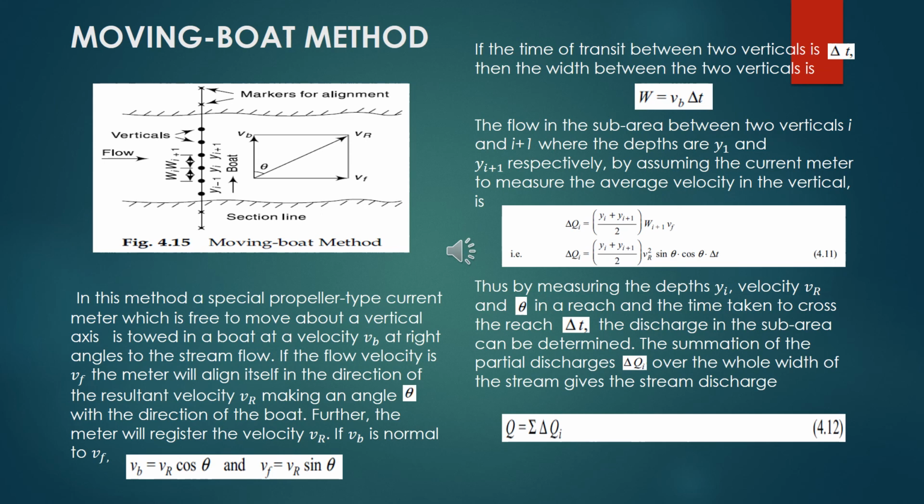Thus, by measuring the depths y sub i, velocity v sub r, and theta in a reach and the time taken across the reach, change in time, the discharge in the sub-area can be determined. The summation of the partial discharges, change in Q sub i, over the whole width of the stream gives the stream discharge. Q equals the summation of change in Q sub i.